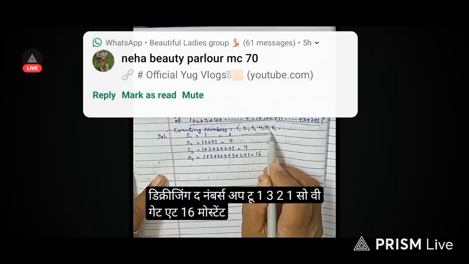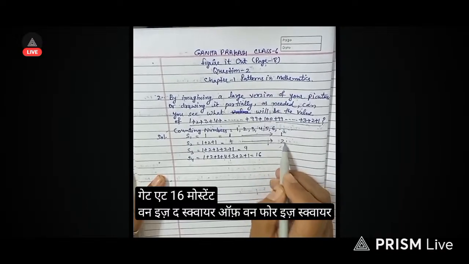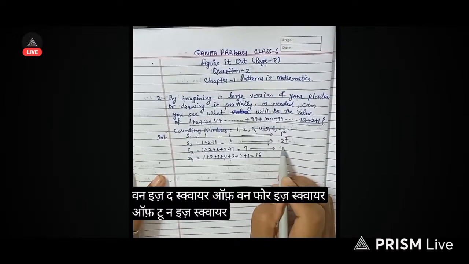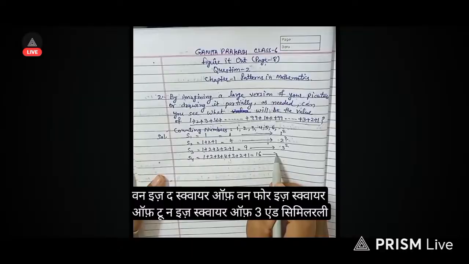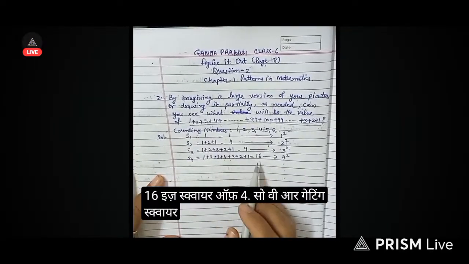Most important, 1 is the square of 1, 4 is the square of 2, 9 is the square of 3 and similarly 16 is the square of 4. So we are getting square numbers.